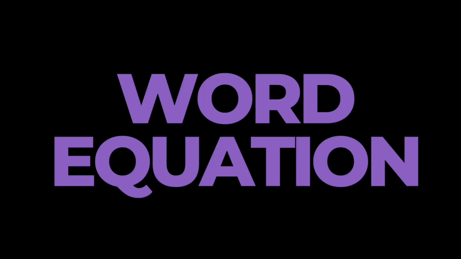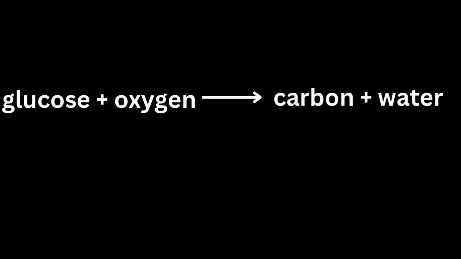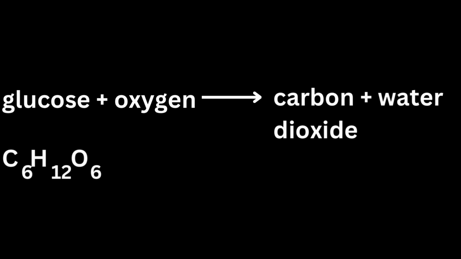Let's look at the word equation for respiration. So we already know that the ingredients that we need are glucose and oxygen, and they make carbon dioxide and water. So we can write in the formula of glucose, which is C6H12O6. The little number 6 after the C tells us that there are 6 atoms of carbon in glucose.